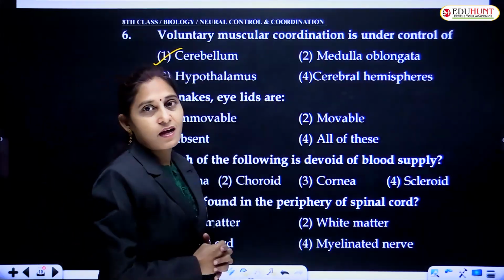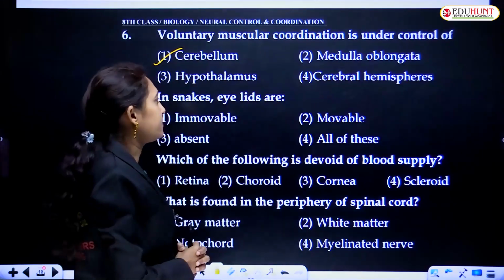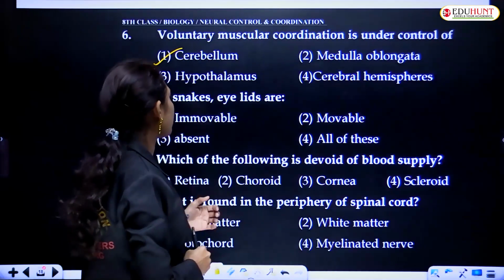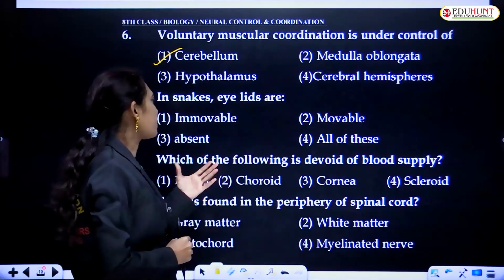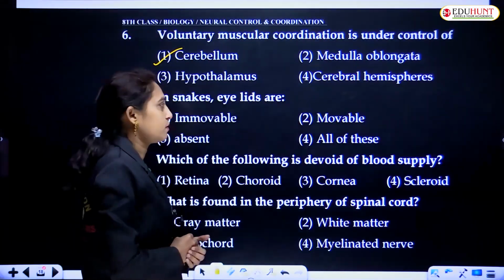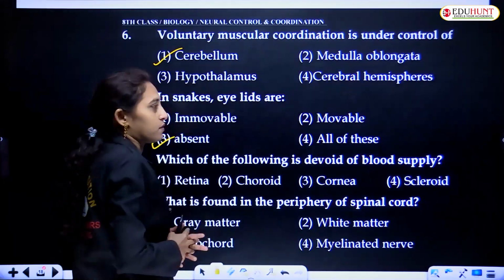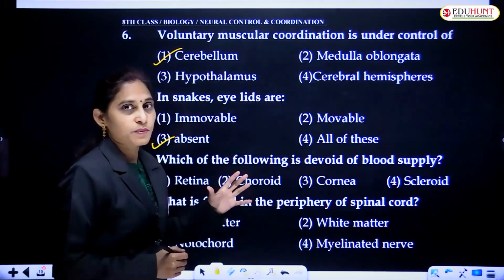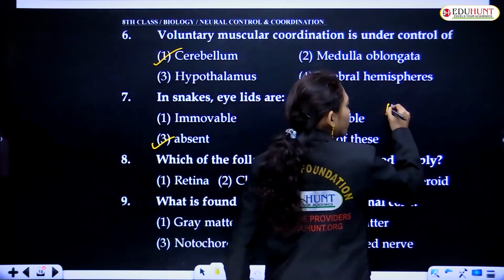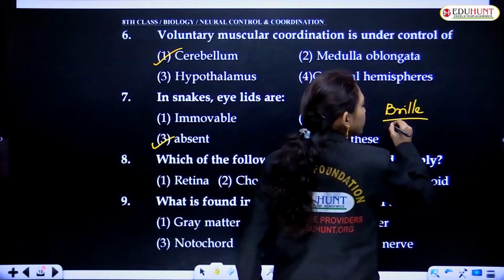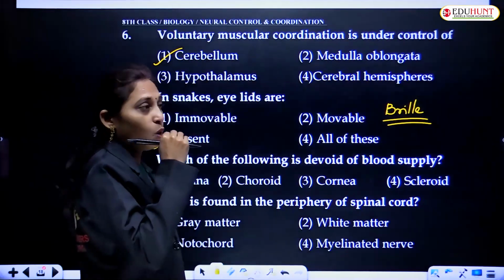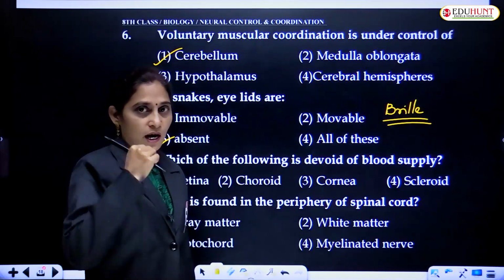In snakes, eyelids are absent. The options given were immovable, movable, absent, all of these. There is a transparent membrane over the eye called the brille.